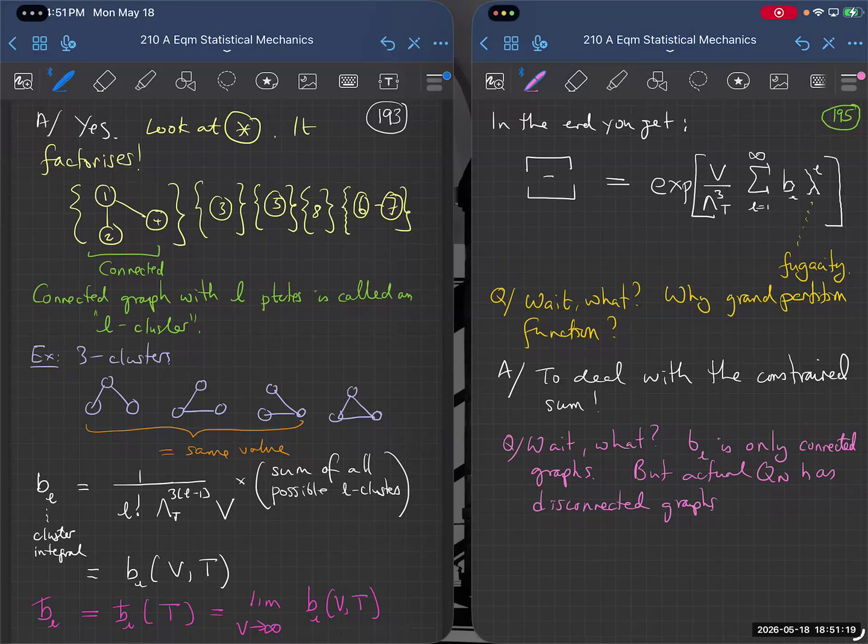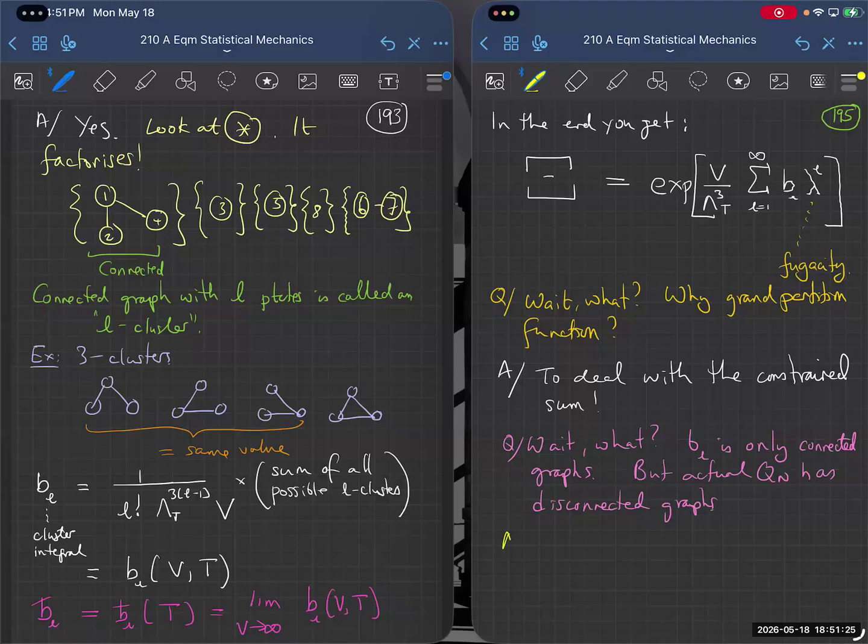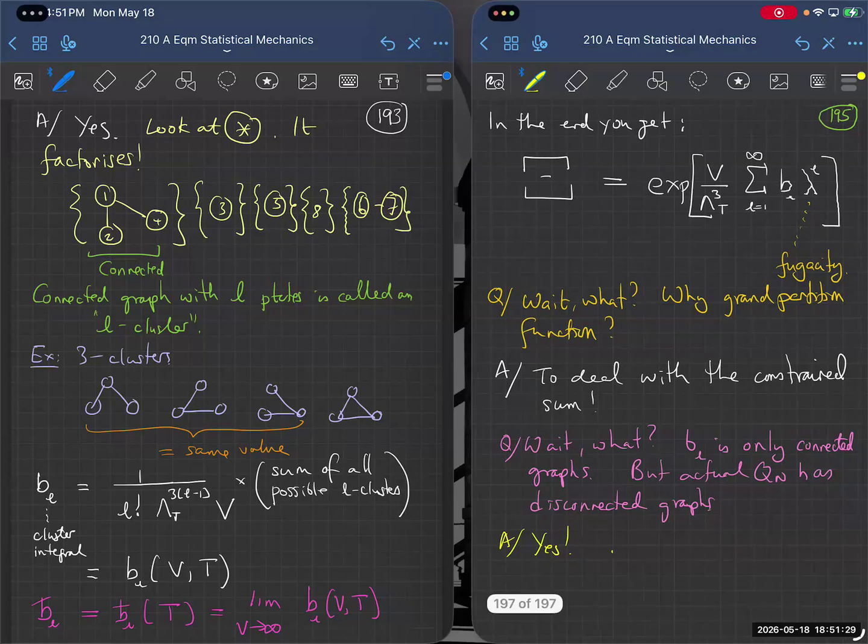So basically, what I've told you is, yes, that's right. If you take e to the connected graphs, that equals all the graphs.